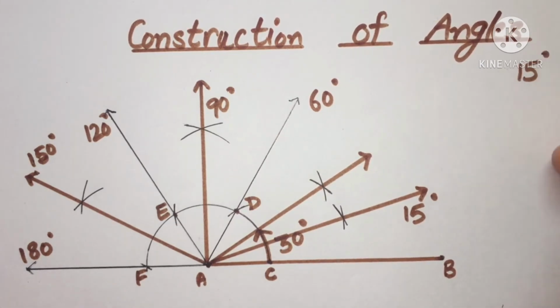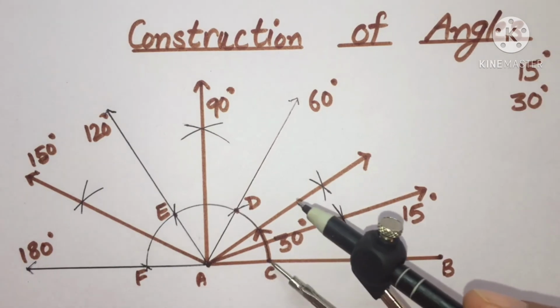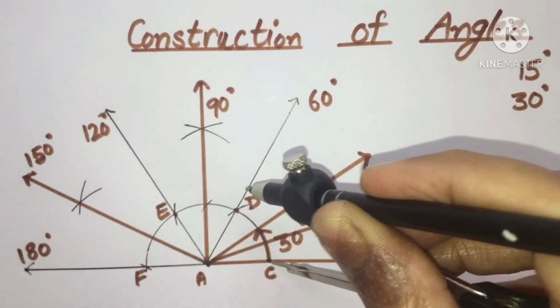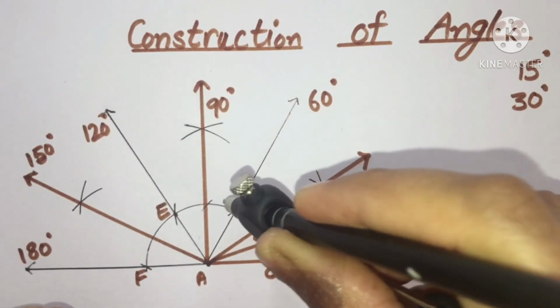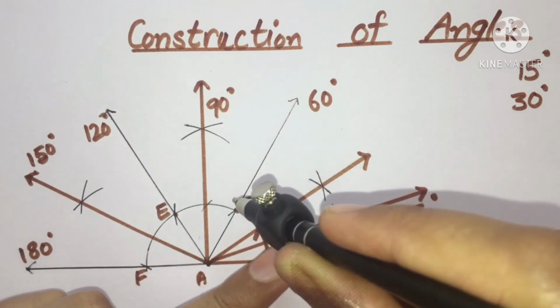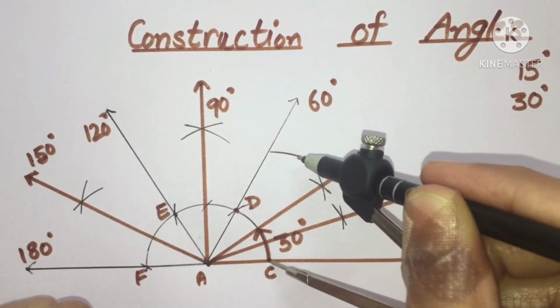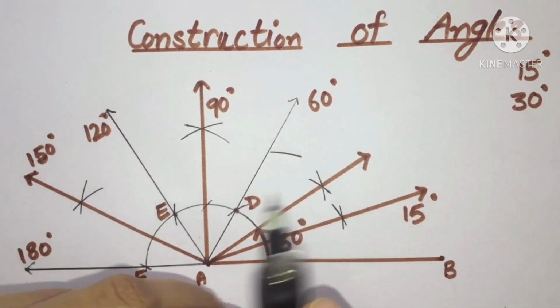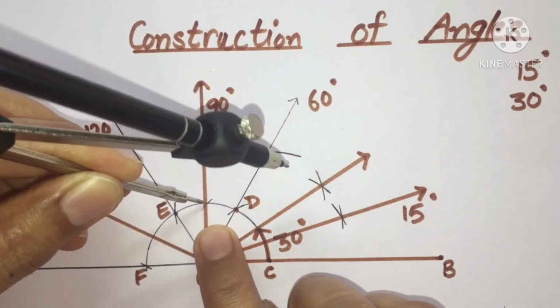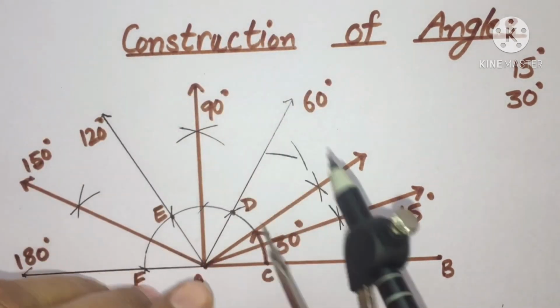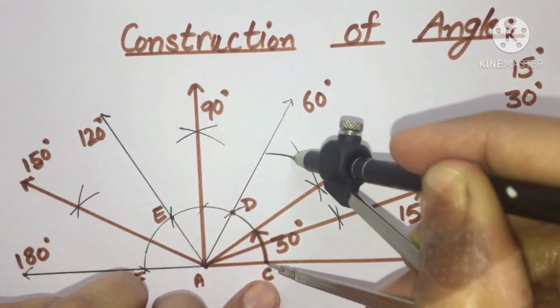Like we learned the 60-degree angle, then the 30-degree angle, and you can draw a 45-degree angle also. So 45 means this is from up to here, this is 90 degrees. If I take half of this 90 degrees, then it will become 45. So like this, with any width I draw one arc from the C point, and the other end of this angle, this is the 90-degree line, I will draw with the same width one more arc like this.